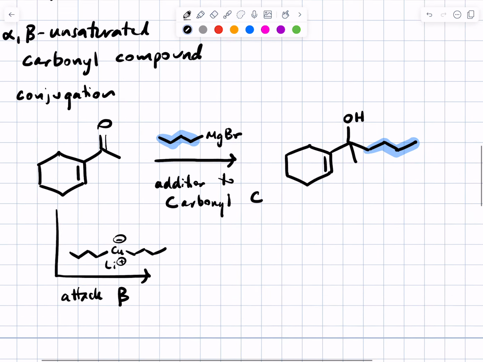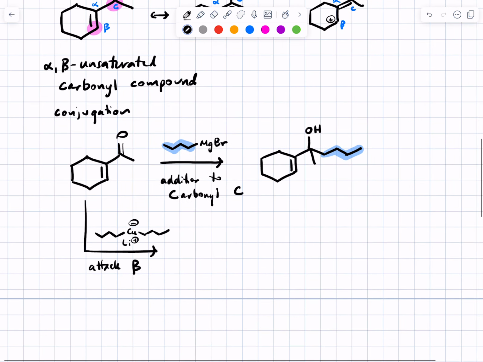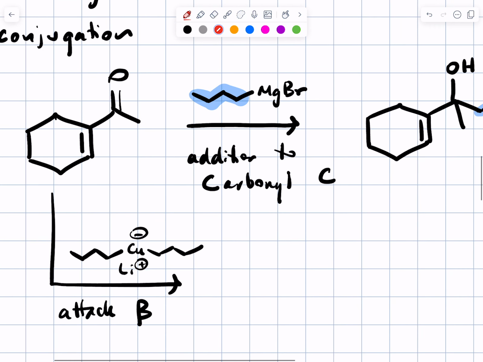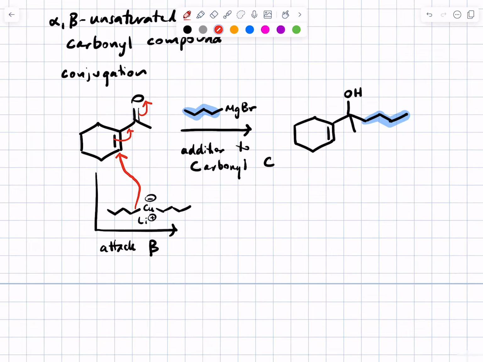And the way to show this, you could imagine this happening with any of the resonance structures shown above. The way to show this is you take the electrons from a bond between carbon and copper, and you attack the beta carbon. Then you push the remaining arrows like this.